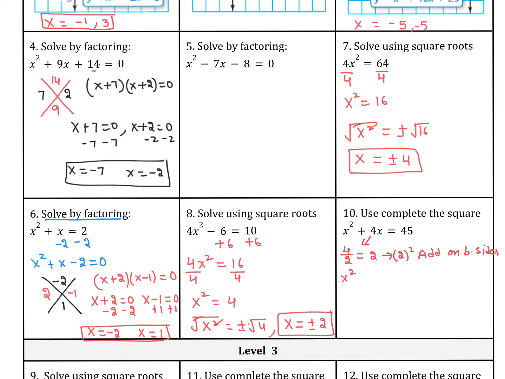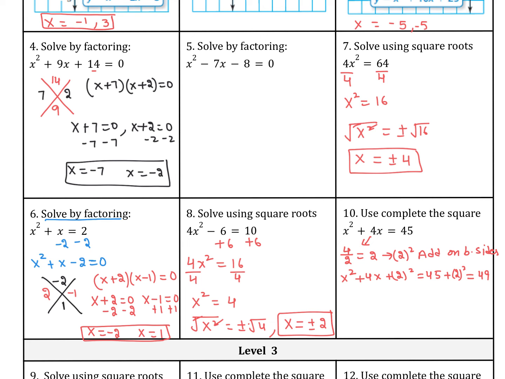So here you get x squared plus 4x plus 2 squared, that is 4, equals 45 plus 2 squared, which is 49, because 45 plus 4 is 49.